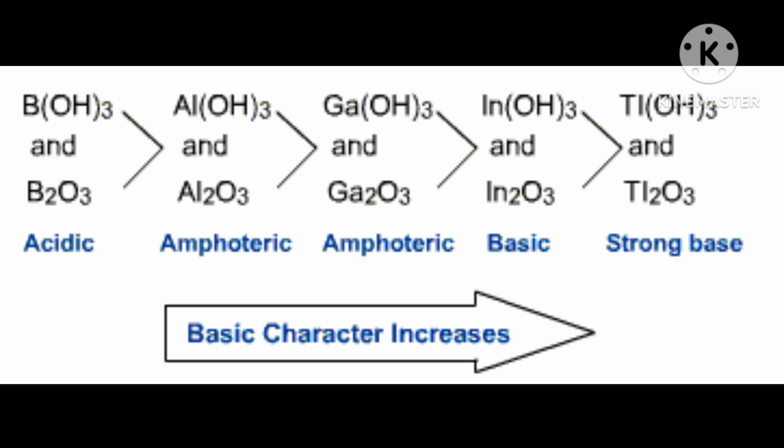And one question is asked that I am explaining. The question they will ask: the standard electrode potential value E0 for Al3+/Al is minus 1.66 volt, and that of Tl3+/Tl is plus 1.26 volt.